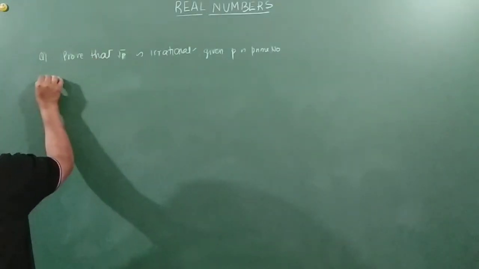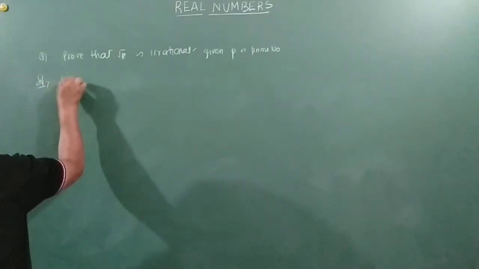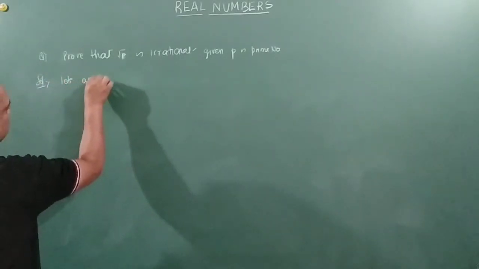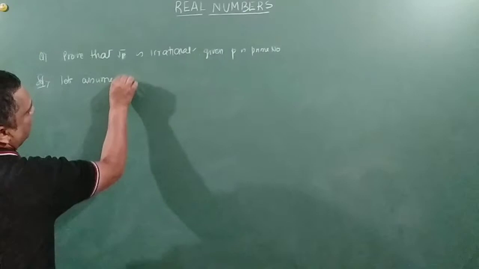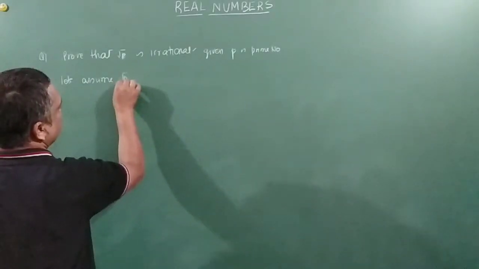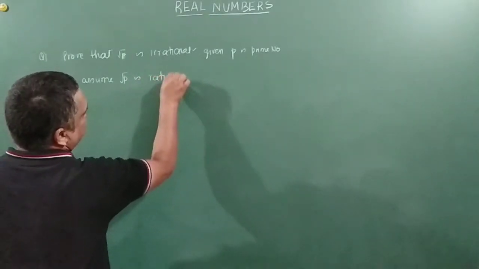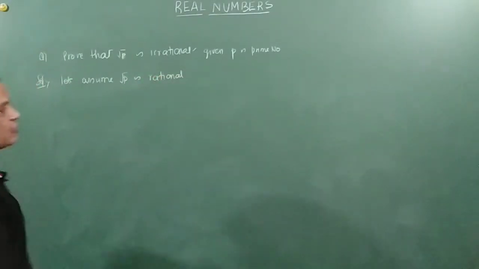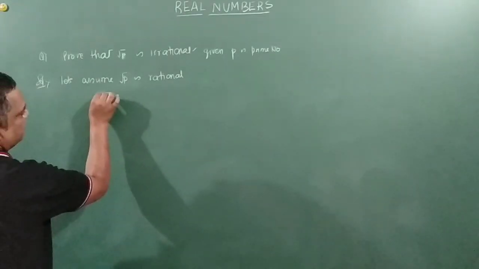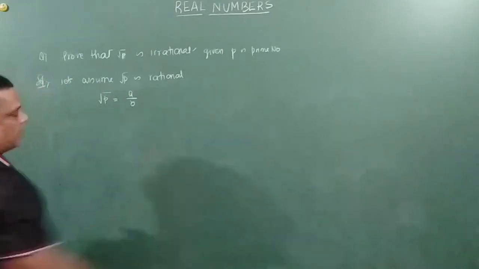So, let's assume that root P is rational. So what happens? Then we will be able to write it like this. Correct?